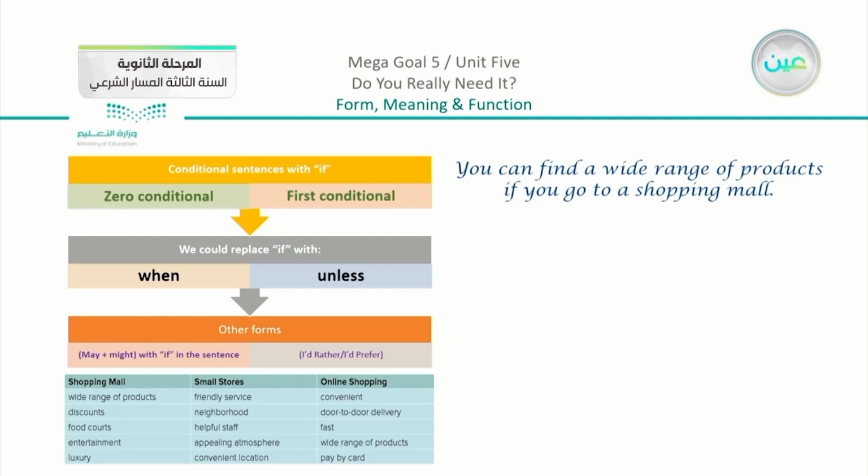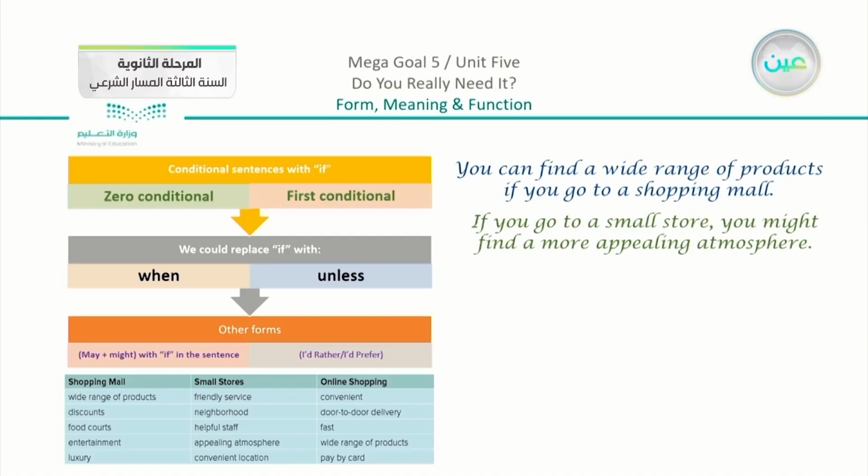You can find a wide range of products if you go to a shopping mall. So you can see here that we have the if. If you go to a small store, you might find a more appealing atmosphere. If you shop online, you will get door-to-door delivery.